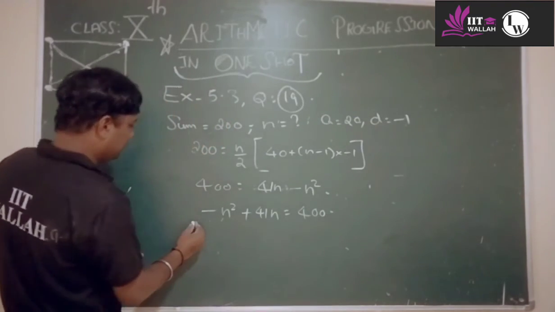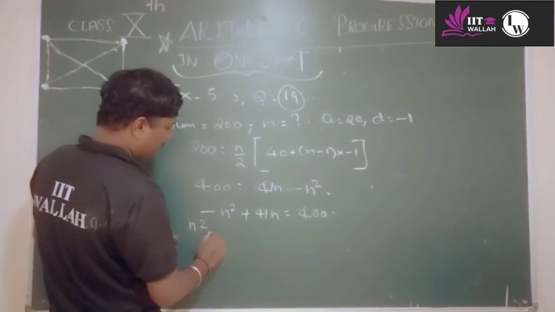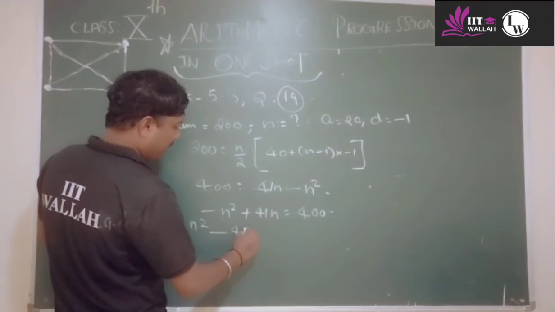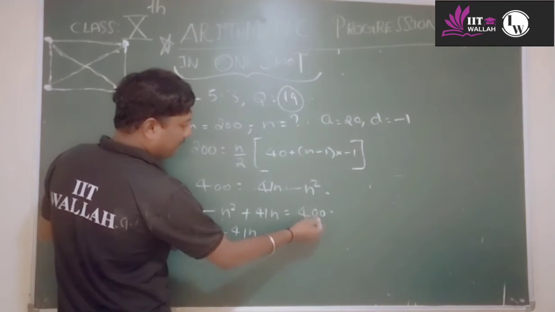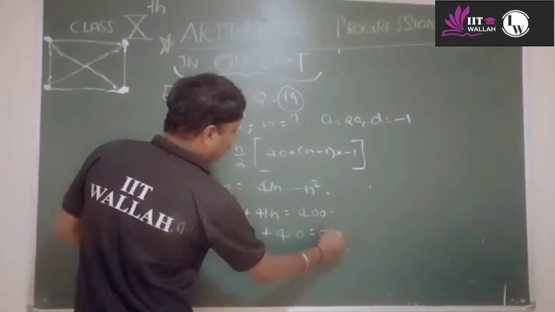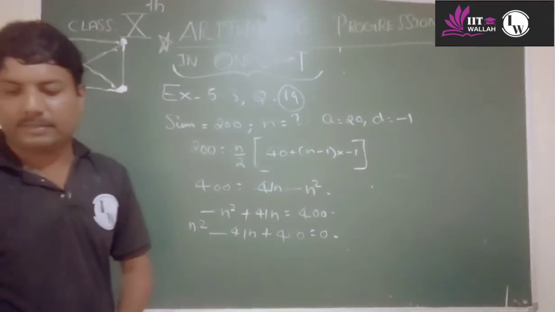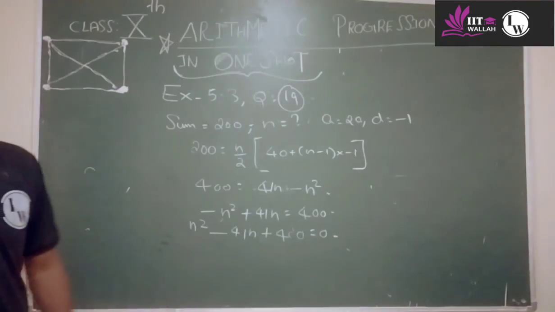That means n square, multiplied with the negative, minus 41n becomes negative, and taking 400 to the other side it will become positive. It will go to 0. Okay. n square minus 41n plus 400 equal to 0.